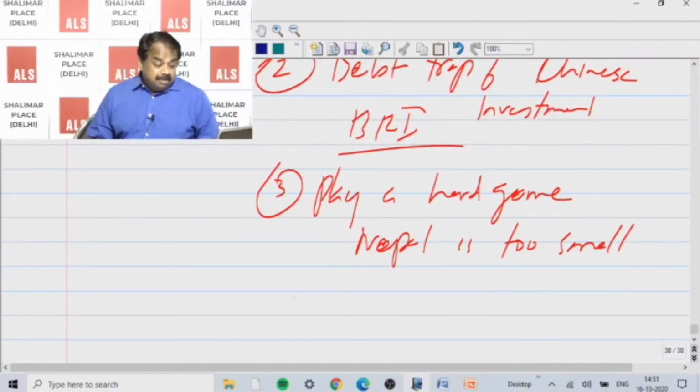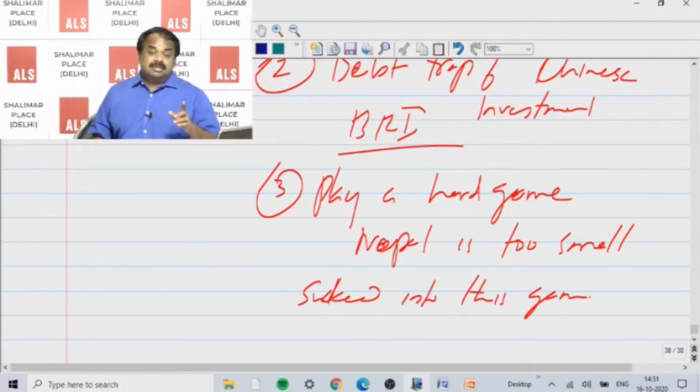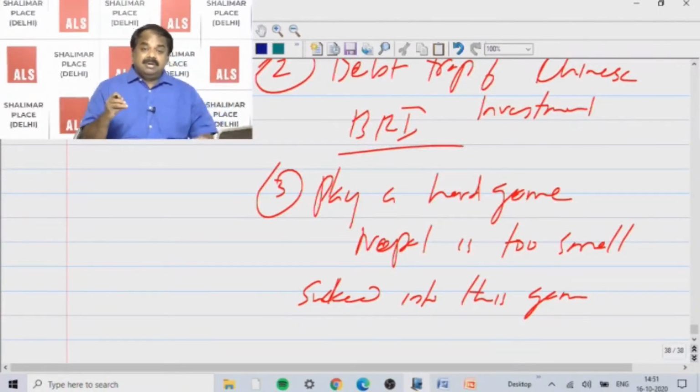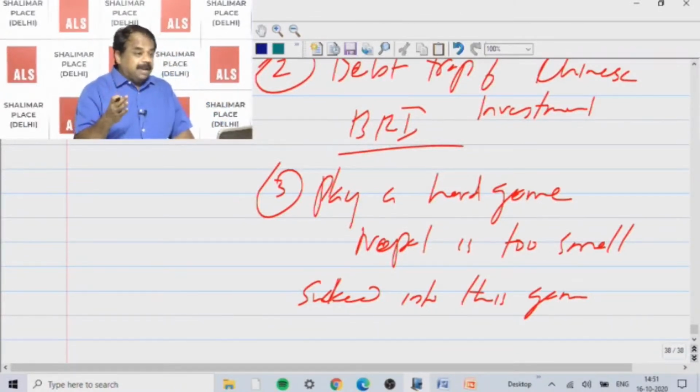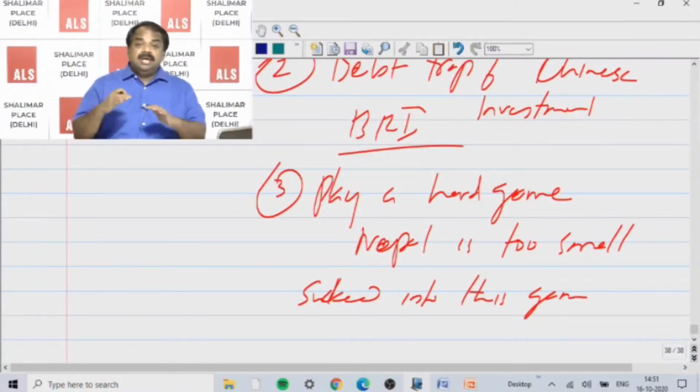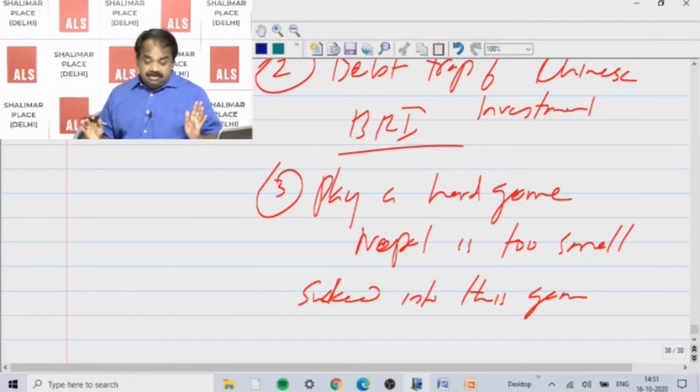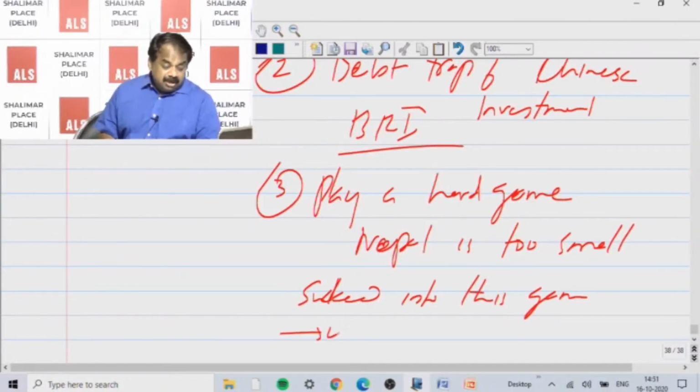And if Nepal is sucked into this game, a small Nepal is like a small fly in the frying pan, so they will be completely devastated. They can be dragged into the Sino-Indian competition, and the ultimate loser will be Nepal.